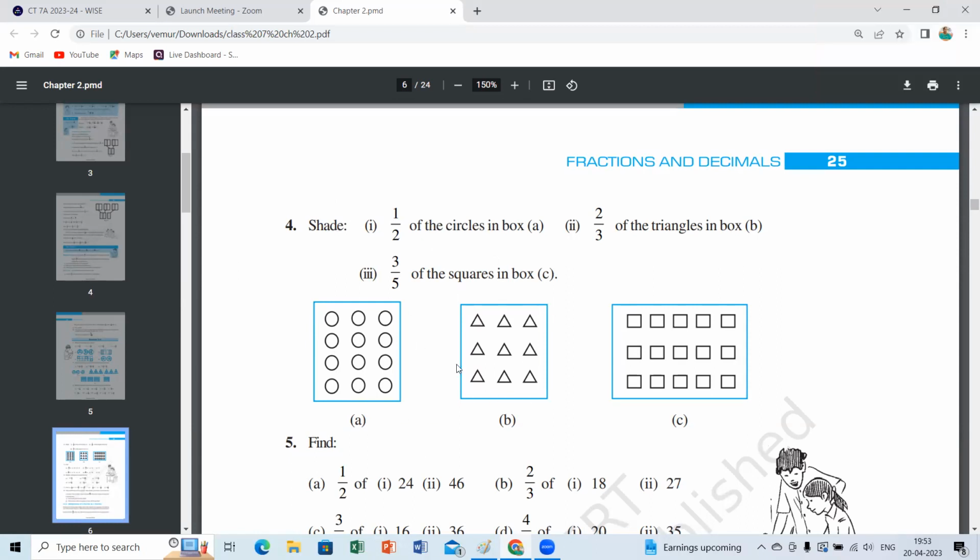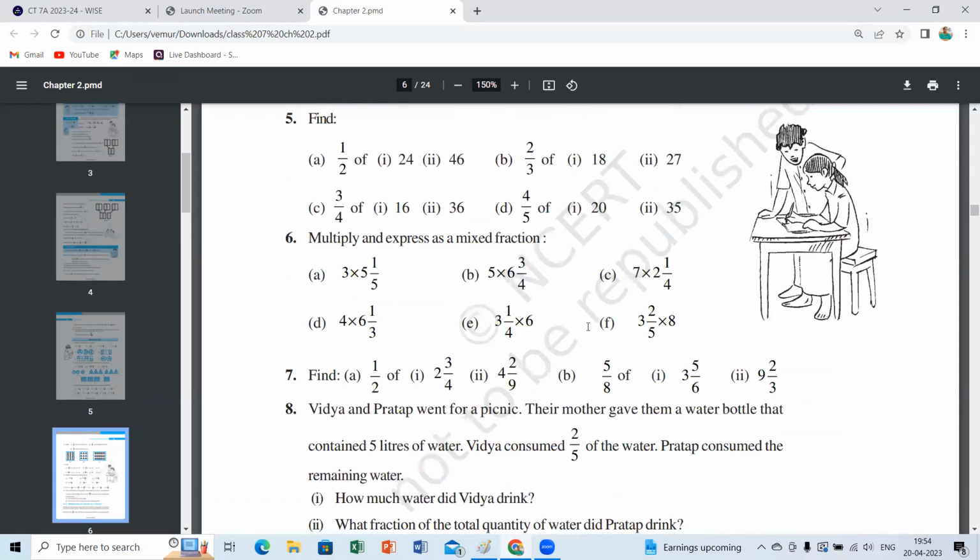Very good. 2/3 of triangles means how many do you shade? Ma'am, 6. Very good. 3/5 means out of 5 columns, you shade 3 columns. That means 3 columns together. How many are there? Ma'am, 9. That's all, children.